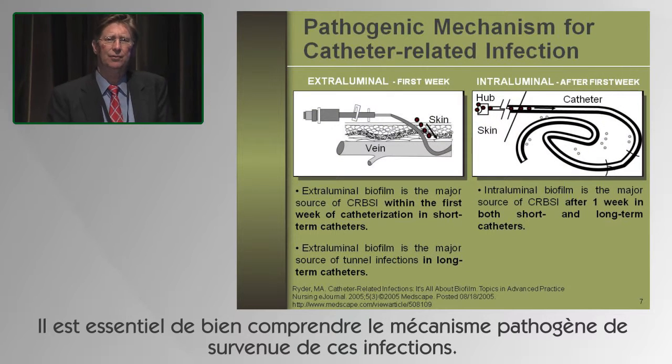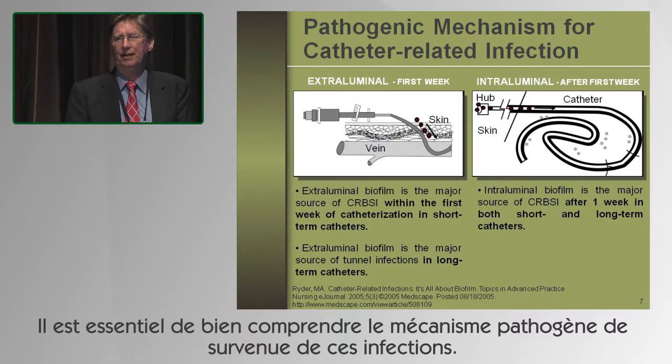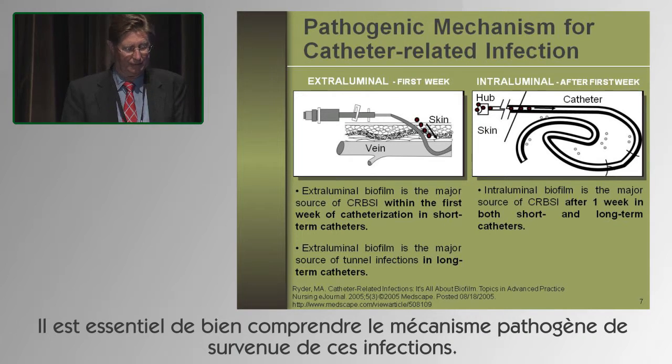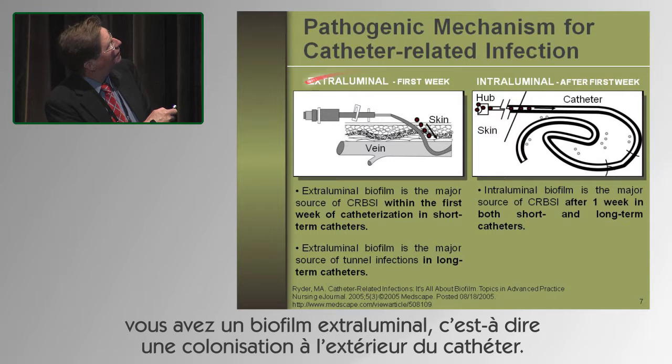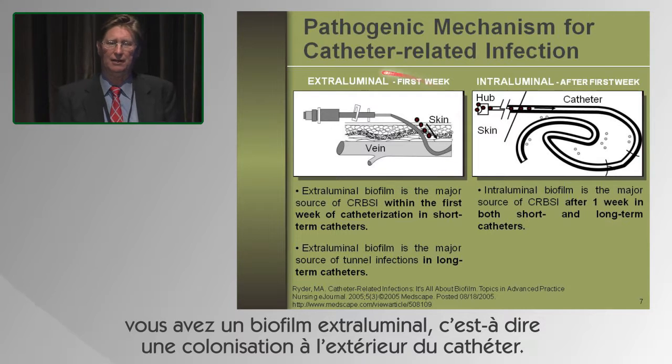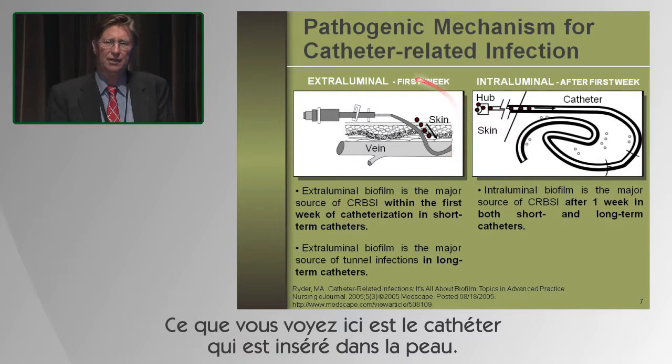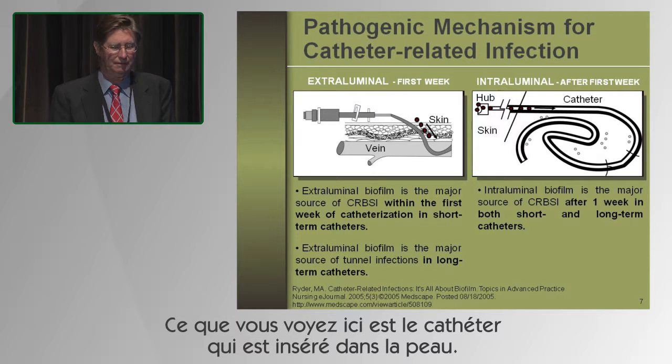It is critically important to understand the pathogenic mechanism for how these infections occur. As depicted on this slide on the left-hand side, we have extraluminal, or the outside of the catheter, colonization. Depicted here is a catheter being inserted into the skin.